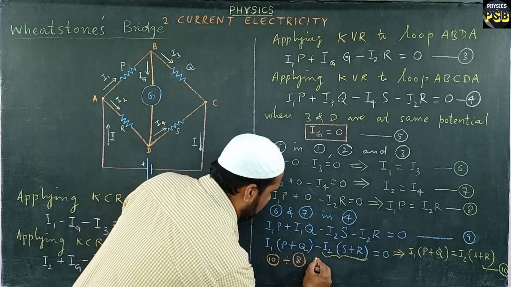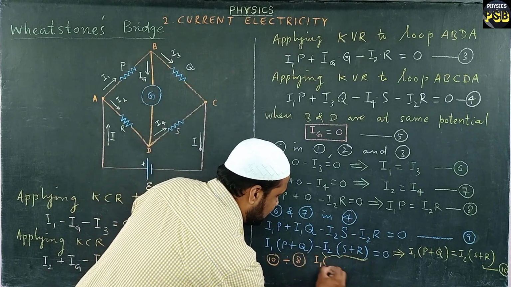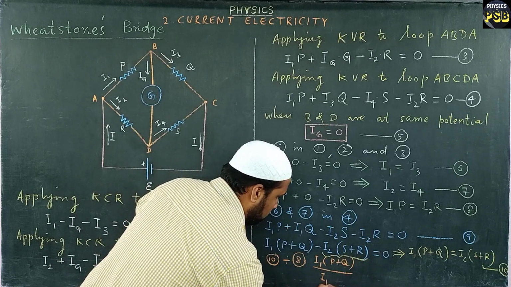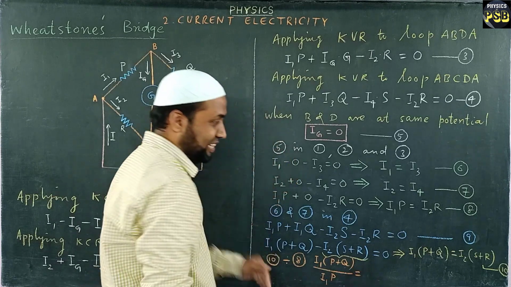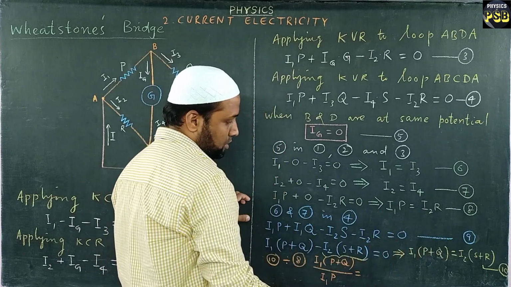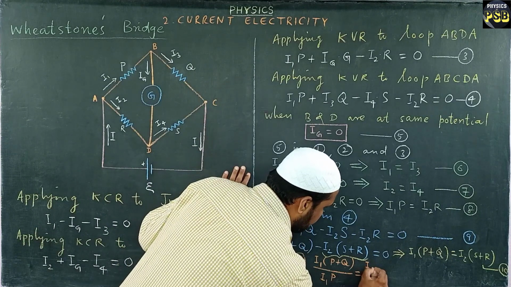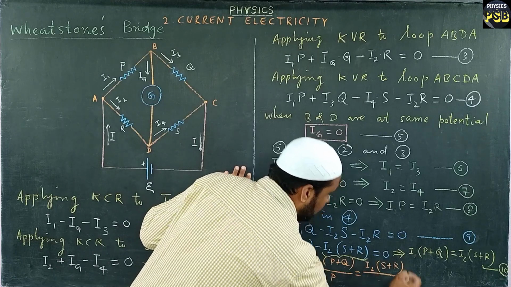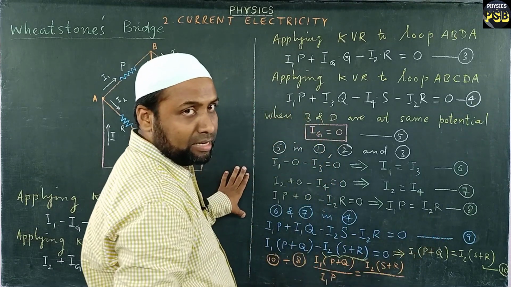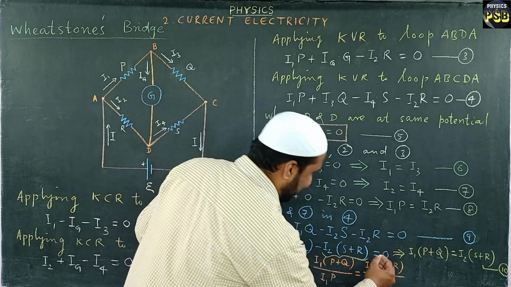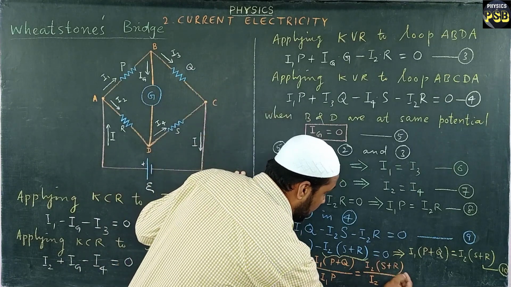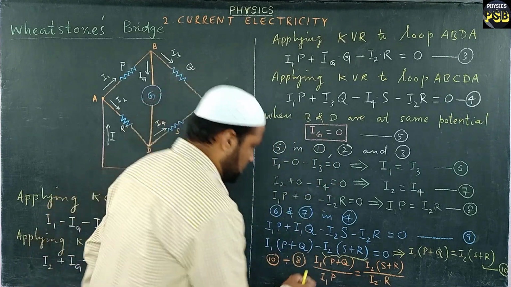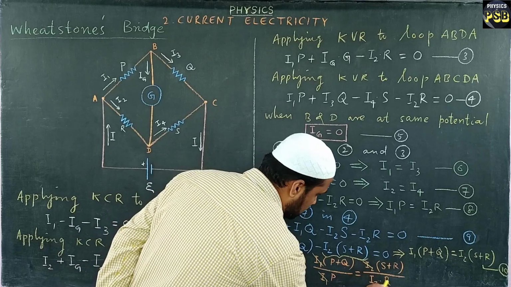I1 into P plus Q divided by I1 P is equal to the same thing on the other side as well: I2 into S plus R divided by the right hand term of equation 8, I2 R. So here similar terms are cancelled.